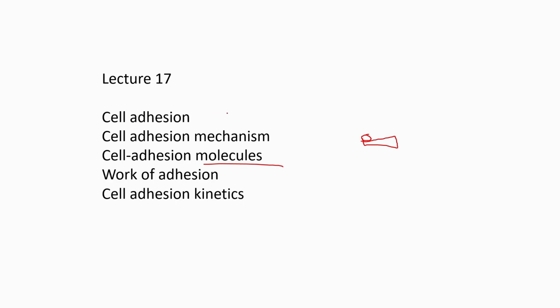So cell adhesion is basically elicited by the cell surface receptors. So there are receptors on the surface, or basically the cell membrane. These receptors are primarily responsible for this adhesion and interaction with the implant.